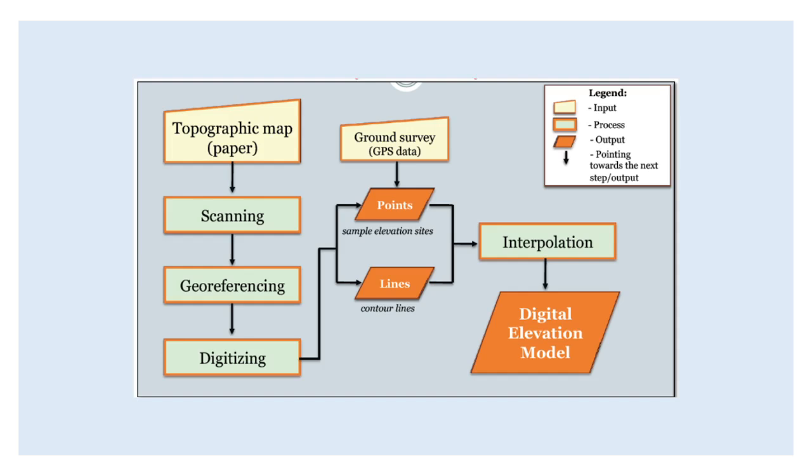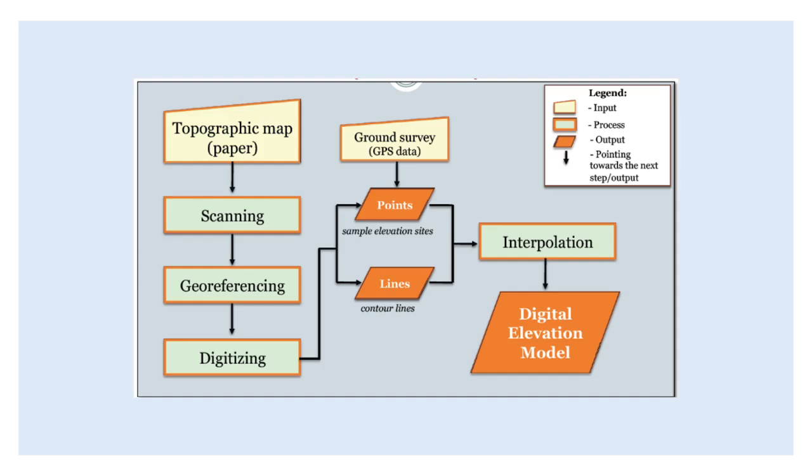And then basically you also add in this ground survey, like some points, some sample elevation sites or lines, some contour lines, all those things you can just add. And you may not have the entire information, right? You may just have a few point or line information. So what you do is, with the available data, like this sample data, we will do the interpolation.